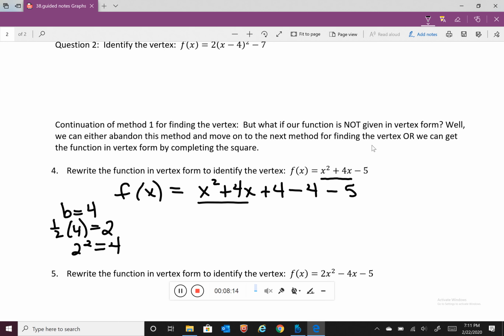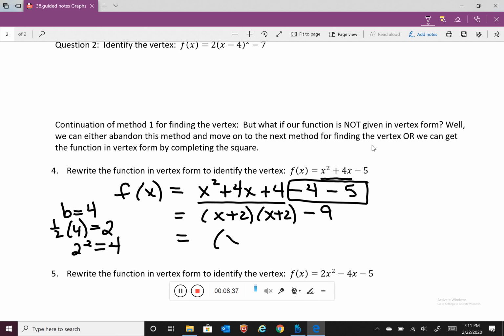Notice here, this is a perfect square trinomial. This is x plus 2 times x plus 2. And then because we balanced this by both adding 4 and subtracting 4, I have our new constant, which is -9.